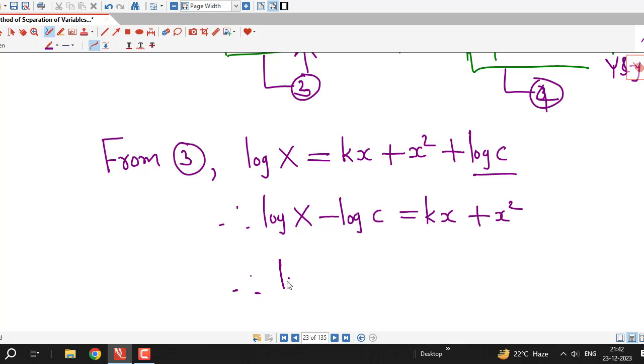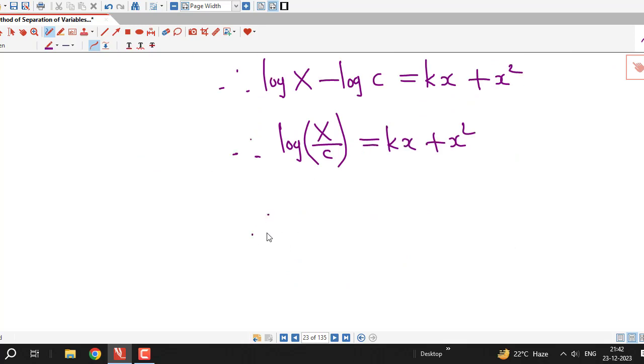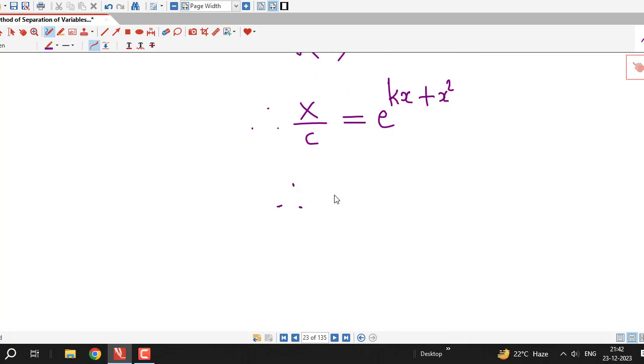Using the property of logarithm, this I can rewrite as log of X divided by c equals kx plus x square. And as we know that logarithmic function and exponential function are inverses of each other, therefore X divided by c is equal to e to the power kx plus x square, and therefore capital X is c times e raised to k times x plus x square.